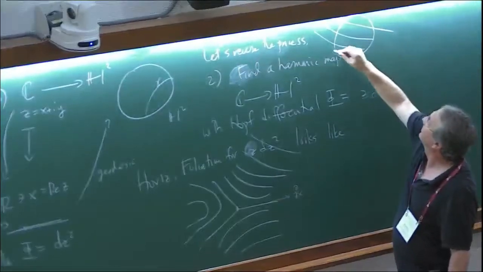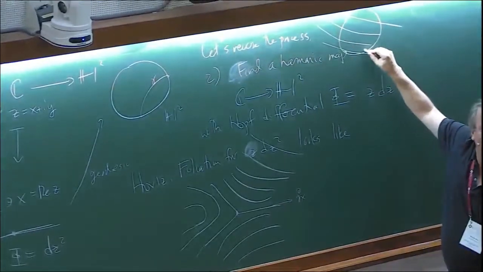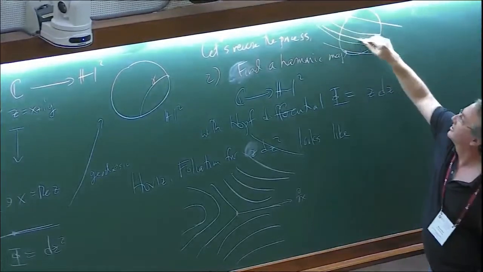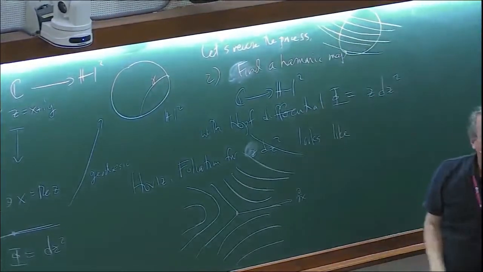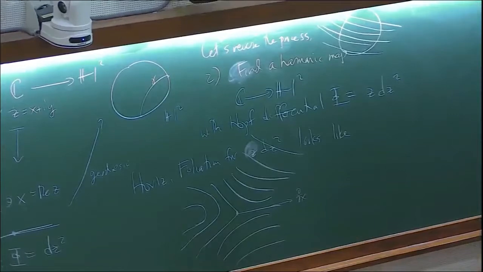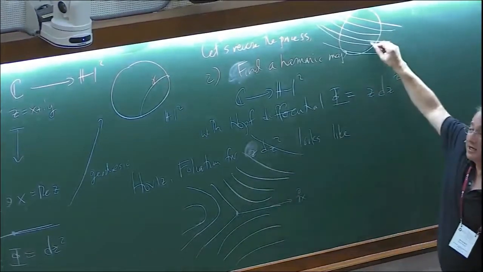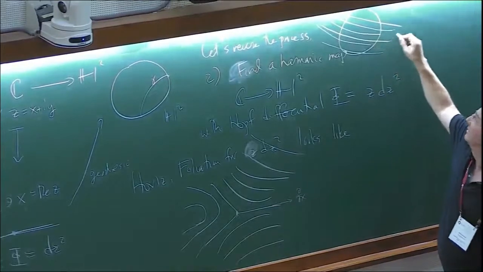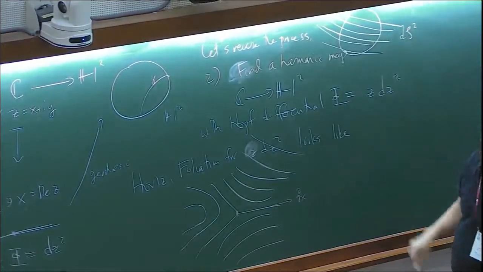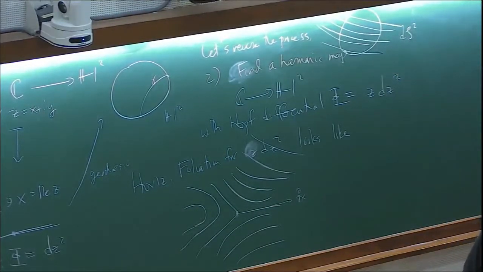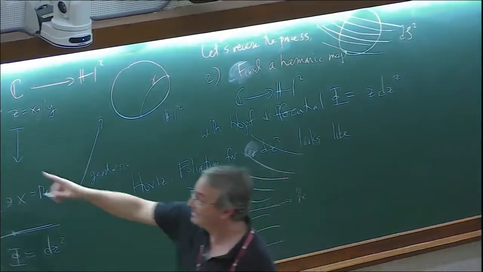Now, when you're way over here, the harmonic map just sees full leaves like this. The harmonic map doesn't really see a 0. The harmonic map thinks that the quadratic differential is just d zeta squared. It thinks it's doing this.